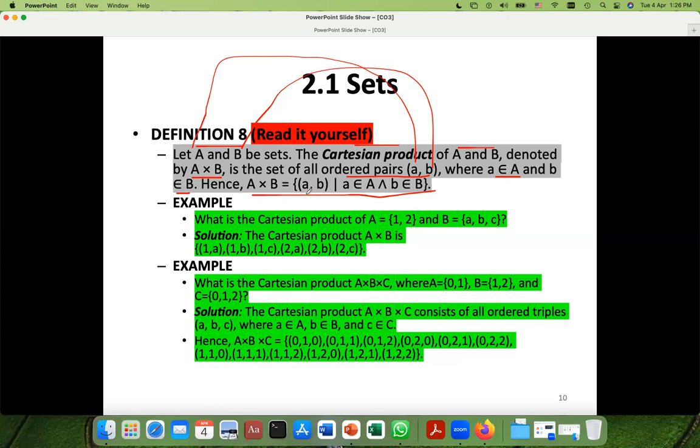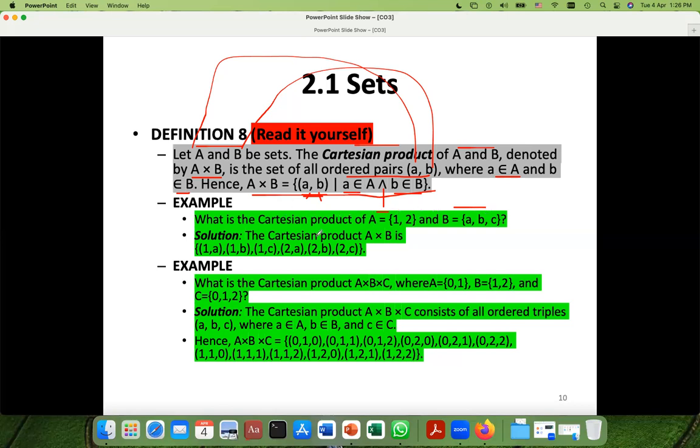So in this A cross B, we will have the pairs A comma B. This pipe means such that. So we will have the pairs A comma B such that A will belong to set A and B will belong to set B. Now an example, if we have the set A and the set B, we have to calculate the Cartesian product of these 2 sets.